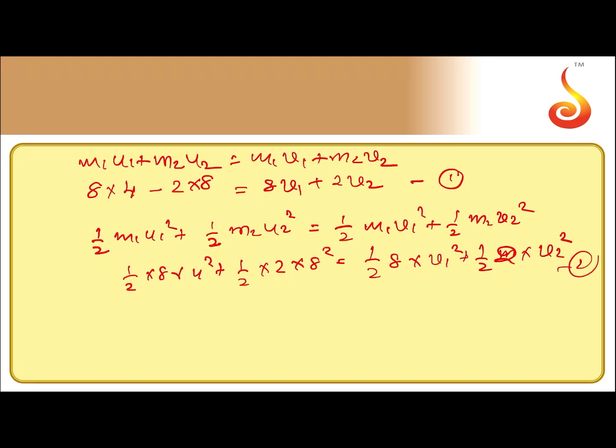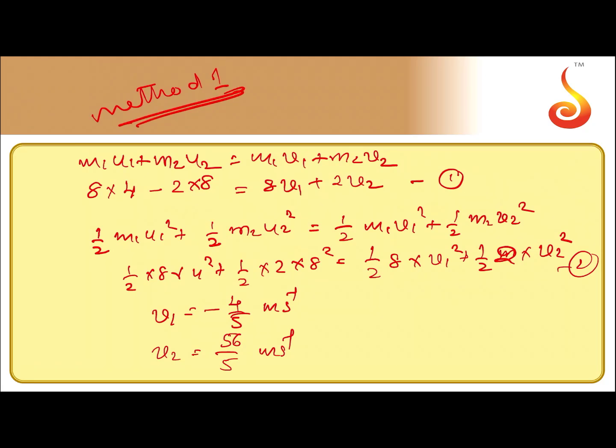So I have two equations and two unknowns, and we can solve for this. We get v1 equal to minus 4 by 5 meter per second, and v2 is equal to 56 divided by 5 meter per second. This is method 1.